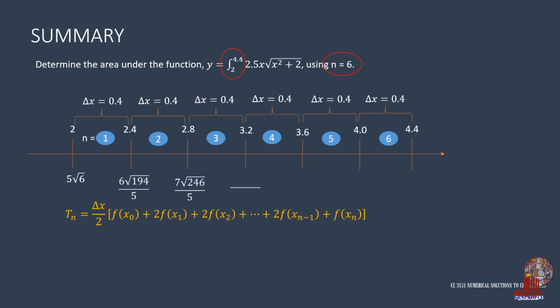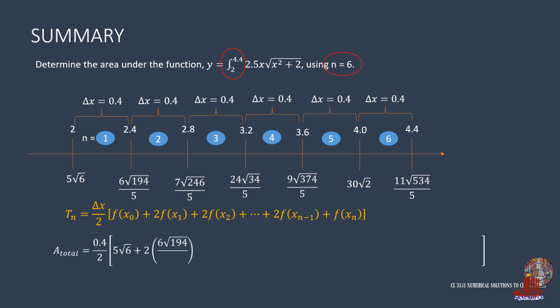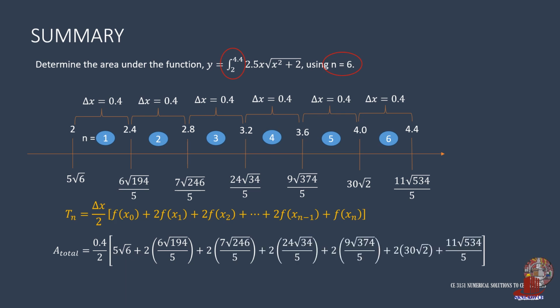So let's summarize the heights of each coordinate, and then plug each of them into the trapezoid rule, which starts with half of 0.4 times the terms beginning with 5 root of 6 plus twice of 6 root of 194 all over 5, then double of 7 root of 246 upon 5, and also 2 times 24 root of 34 all over 5.